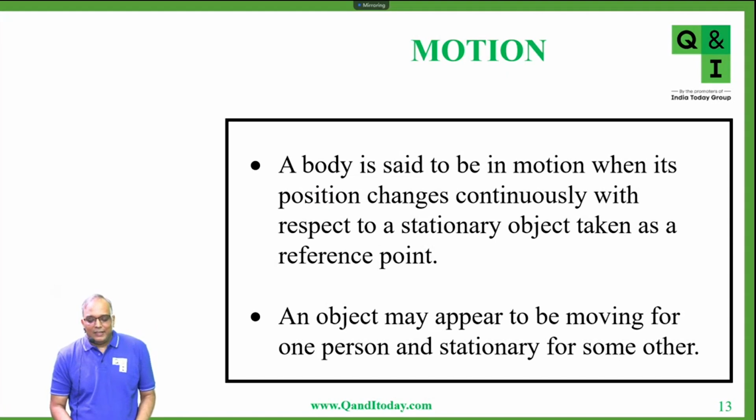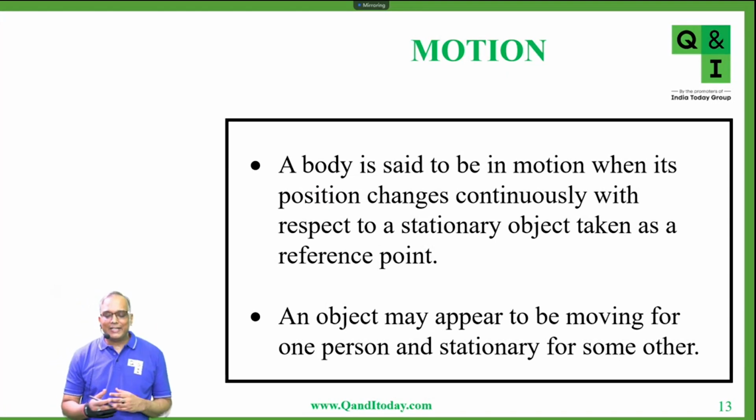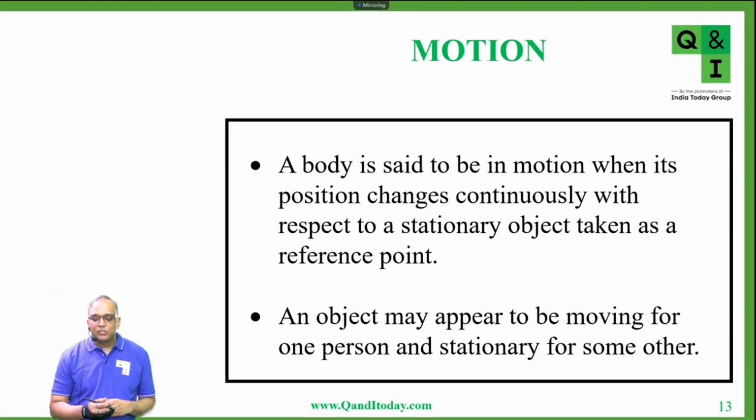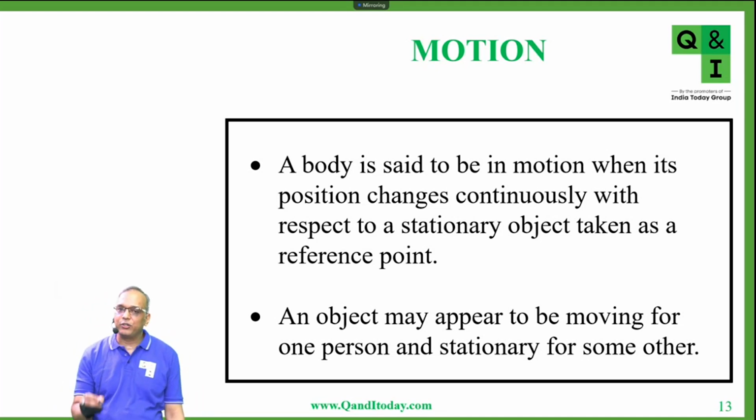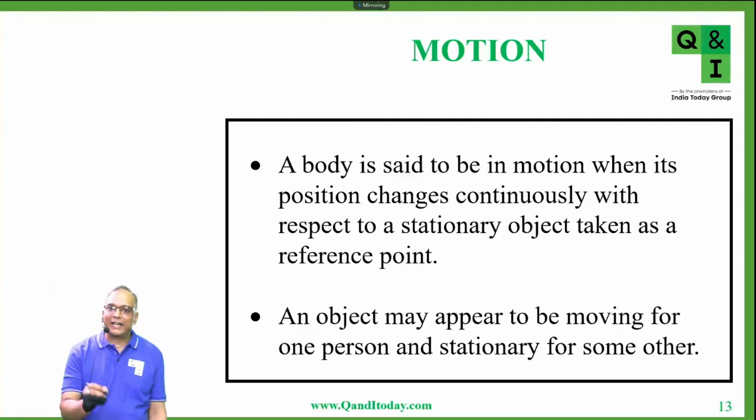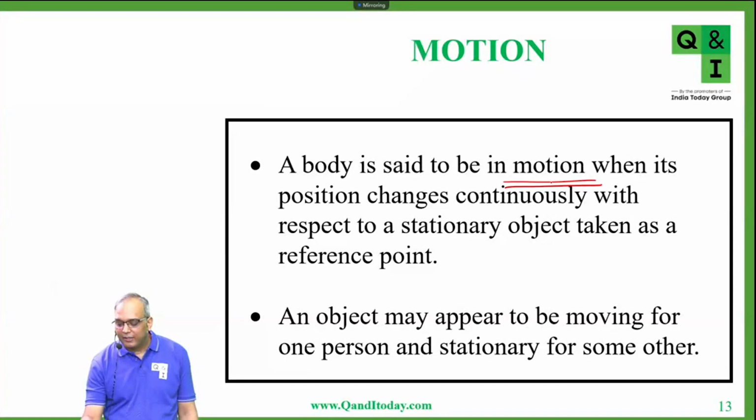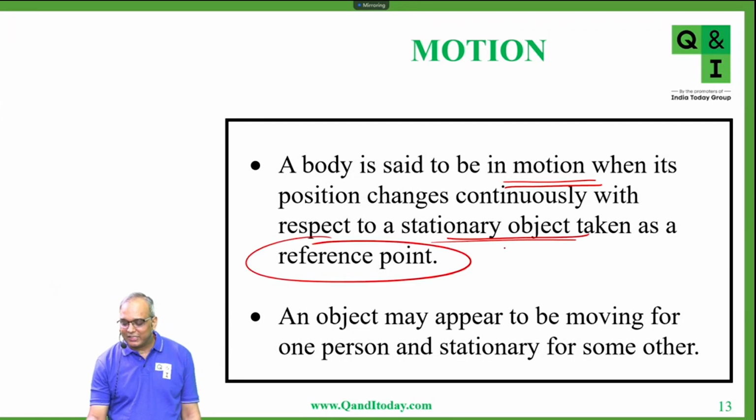Now let's recollect what we have studied till now. First of all, let's understand the definition of motion, and you can write it down as well. A body is said to be in motion when its position changes continuously with respect to a stationary object taken as a reference point. This stationary object is sometimes also called origin.